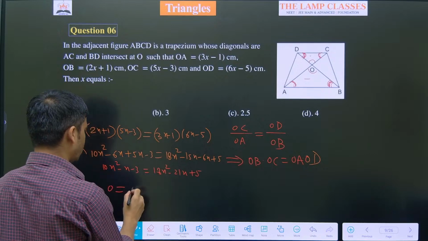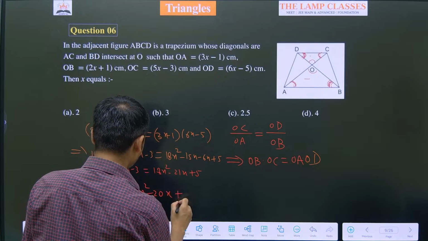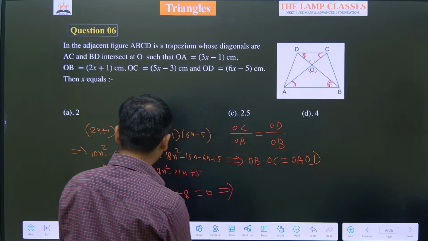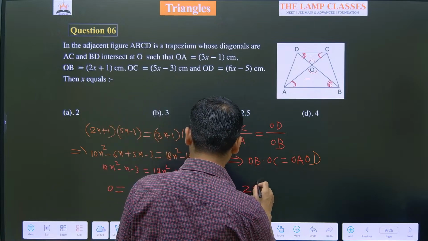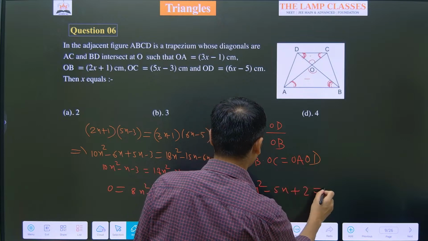Send all of them to the right side. So we get x square minus 20x plus 8 is equal to 0. Divide by 4 on each side. So 2x square minus 5x plus 2 is equal to 0.